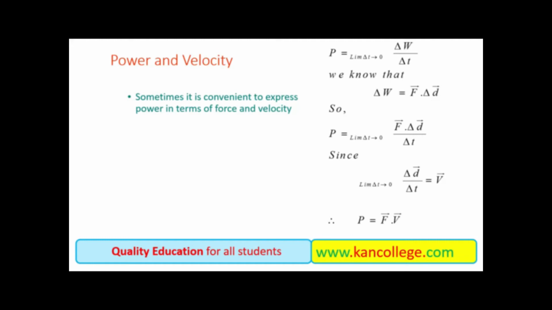As you know that power is the ratio of work and time, and work is equal to force dot displacement. So power will become equal to force dot displacement over time. From this equation, by putting the value of W, our work, over here, we get the result over here. And d over t, our displacement per unit time, is known as velocity. So we can write force dot velocity is actually power.